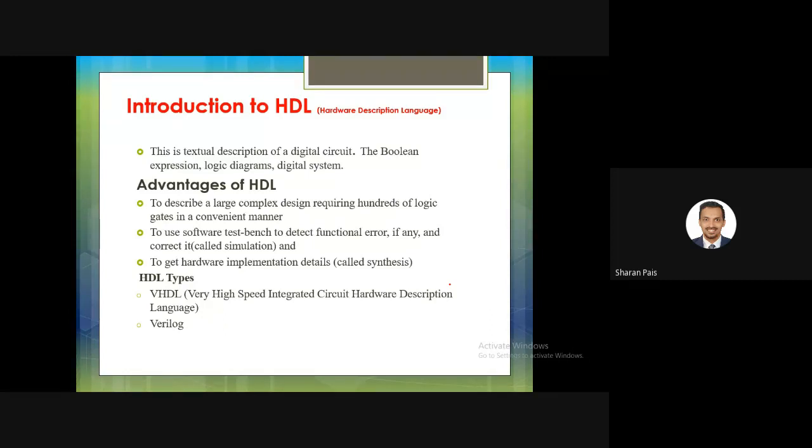Same thing happens for the circuit also. Whenever you are building some circuits, if you do it in physical components, taking ICs and connecting them, there will be chances that if some connections go wrong, there will be disasters.